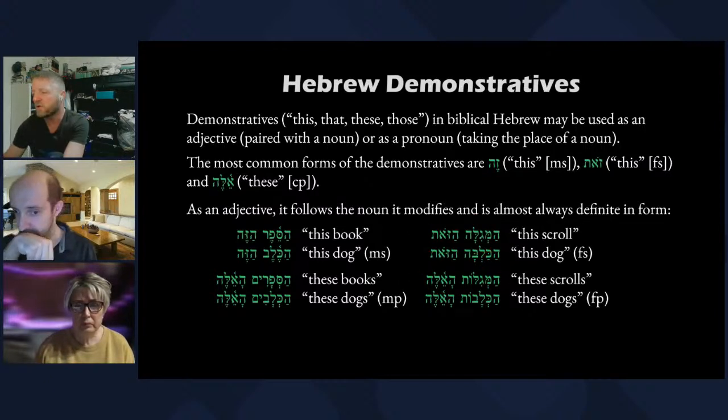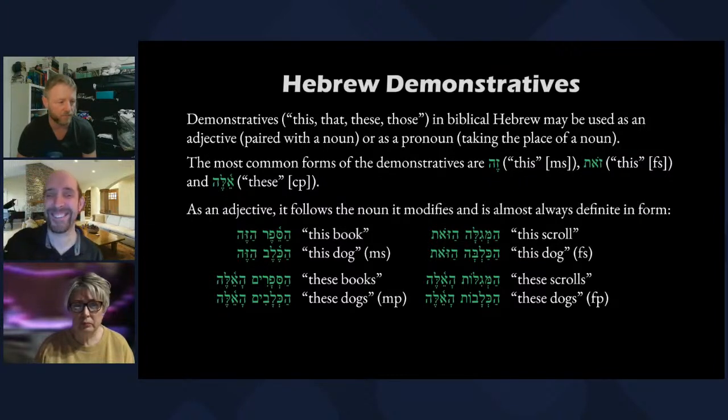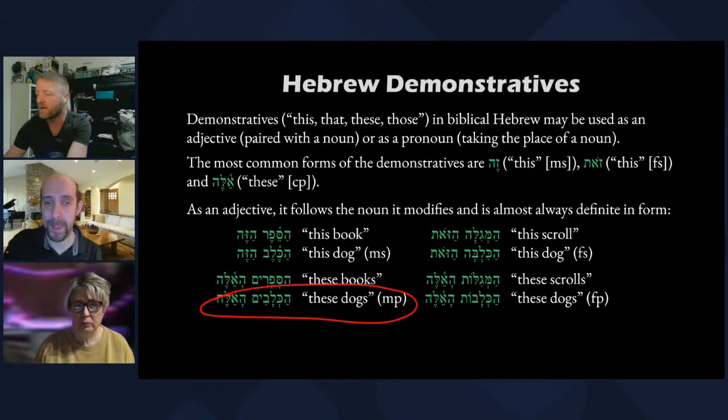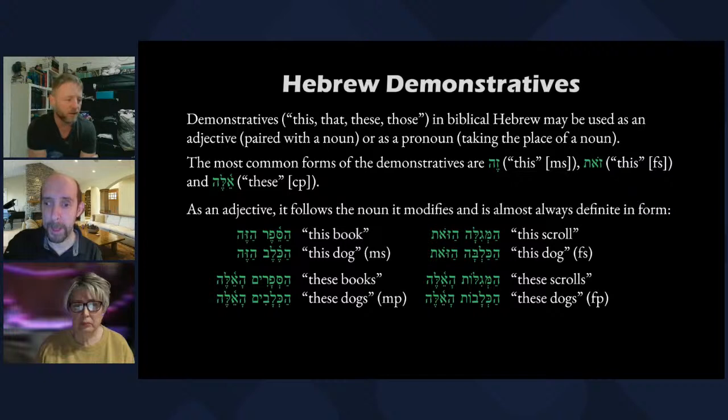I know it looks funny because they teach people to say that tzere is a and segol is eh. So it should be eile, but it's exactly the opposite. It's ele, ele. So now we go to the masculine plural. We say haklavim ha'ele, these dogs.